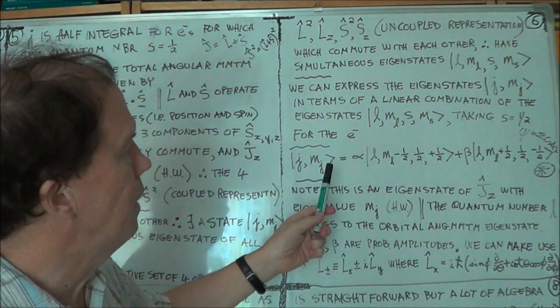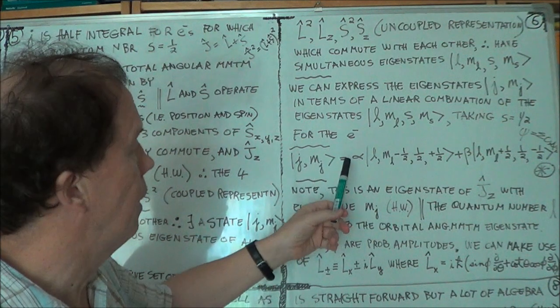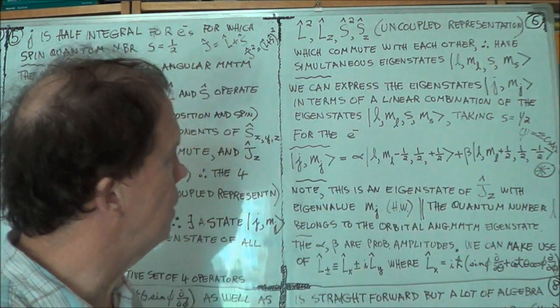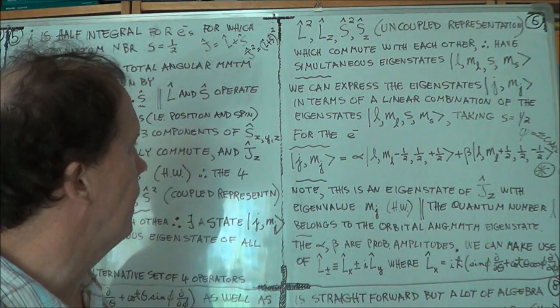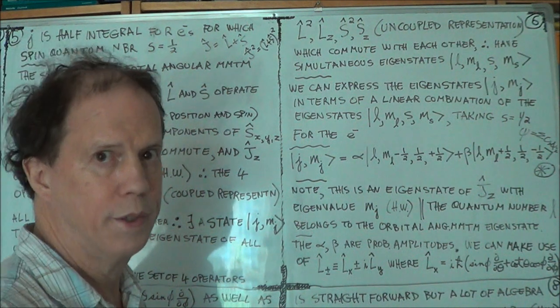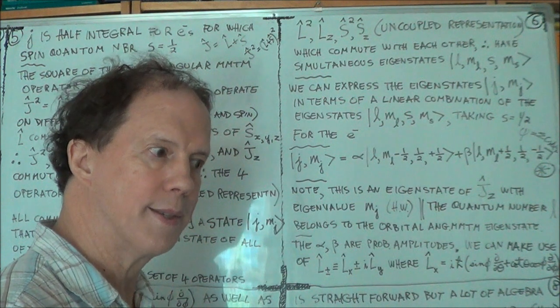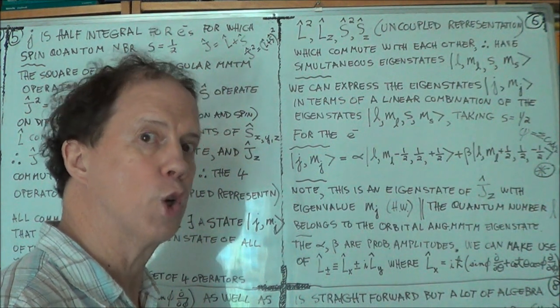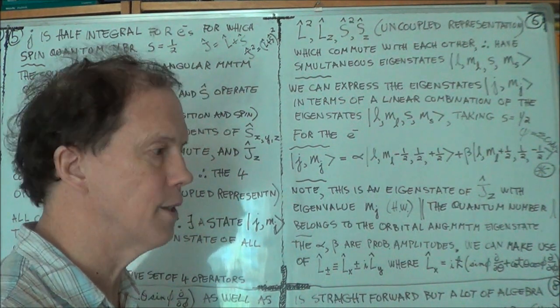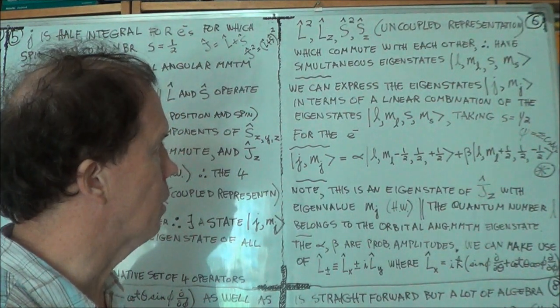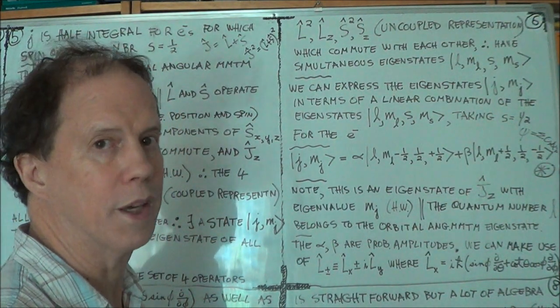Later, especially at higher level, these coefficients in this context are called Clebsch-Gordan coefficients, C-L-E-B-S-C-H, named after two physicists who worked on this problem and pioneered this kind of thinking.